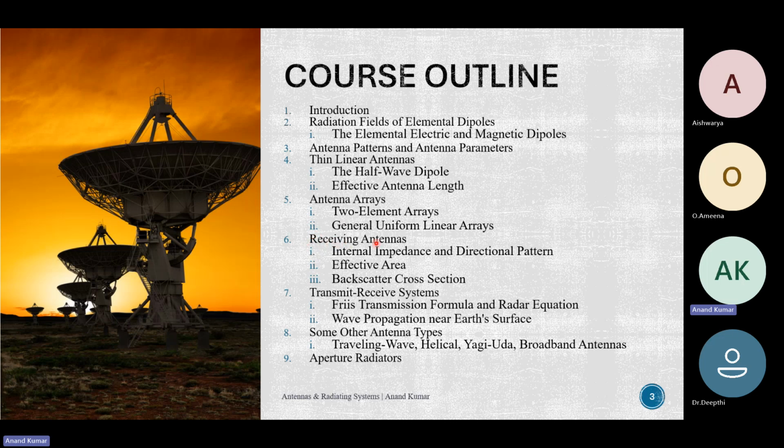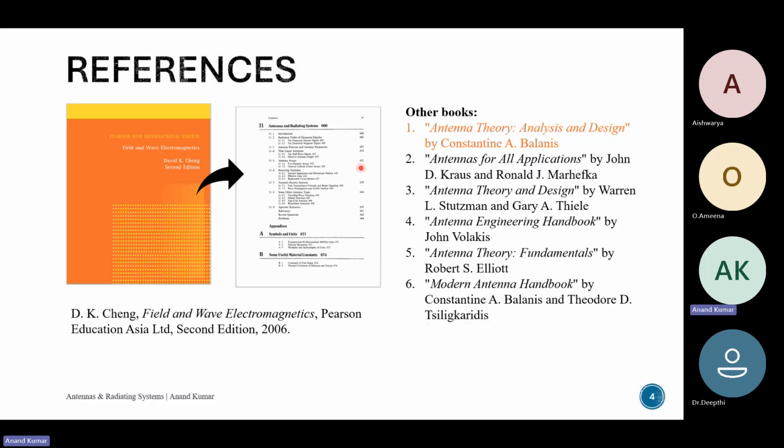Sorry, module 6, and we'll cover internal impedance and directional pattern, which is a very small section in module 6. In the next class we'll cover effective area and backscatter cross section. We're following DK Cheng, and this is module 6 in the textbook. And we'll be following the textbook today.